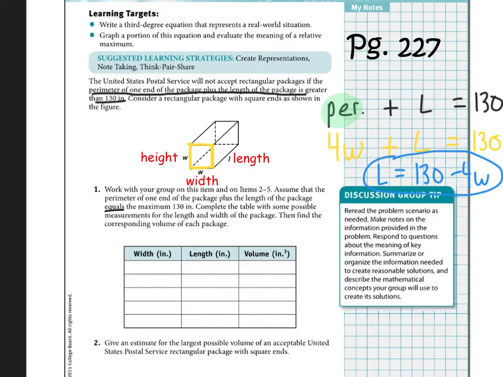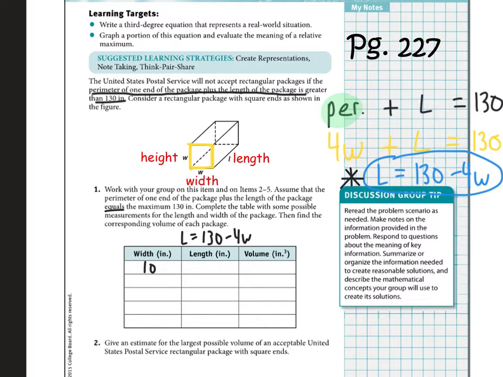I'm just going to make up a width value. Let's say the width were 10 inches. Remember, the length is always going to equal 130 minus 4W, from the equation over here.